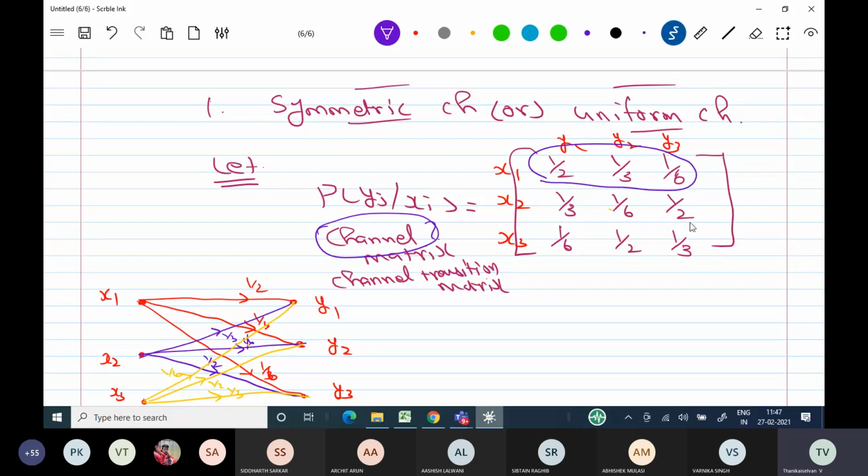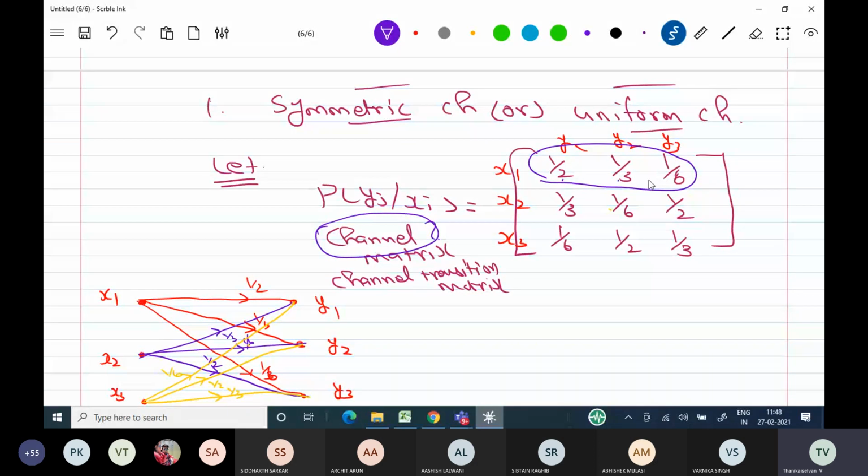Please note down the definition. A channel is said to be symmetric or uniform if the second and subsequent rows of the channel matrix contain the same elements as that of the first row, but in different order.